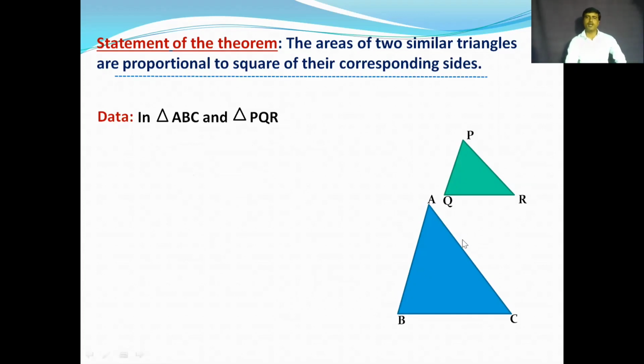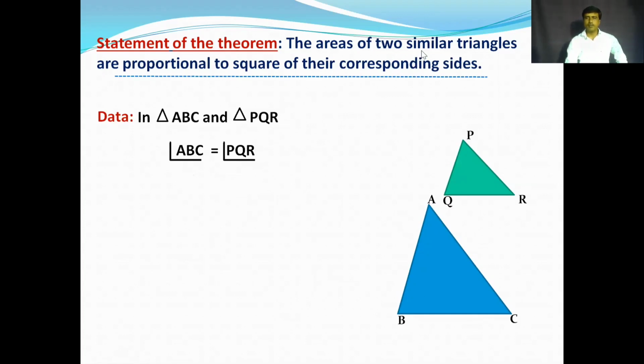That means they have to be equiangular. That means the three corresponding angles must be equal to one another. Out of these three, let me consider one of the angles, and here I am considering angle B and angle Q, which are corresponding to one another.